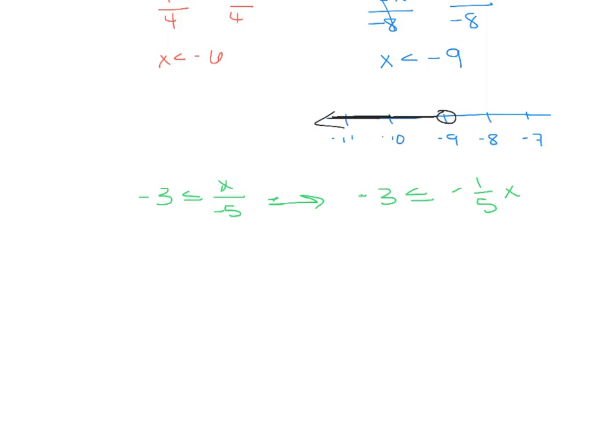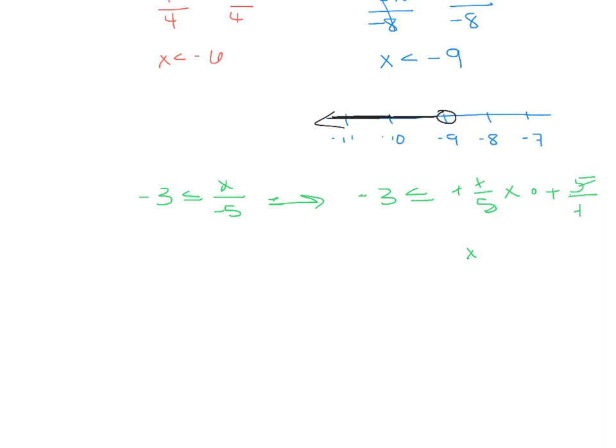When we divide by a fraction, we have to divide by the reciprocal, or multiply by the reciprocal, which is negative 5 over 1. Since it was negative 1/5, we have to multiply by negative 5 over 1 because that changes these to positives and cancels these out, leaving us with just x.